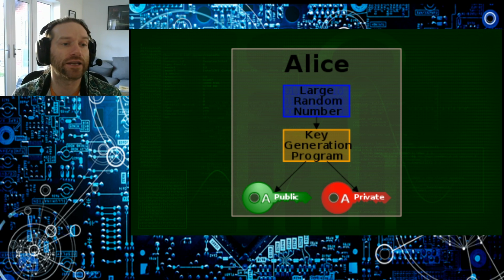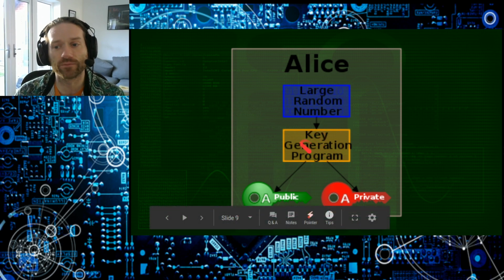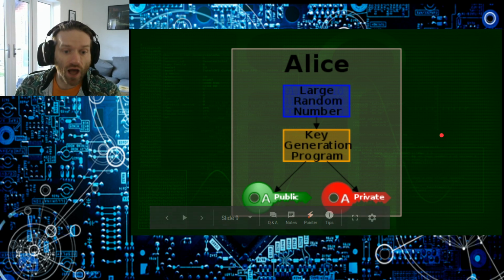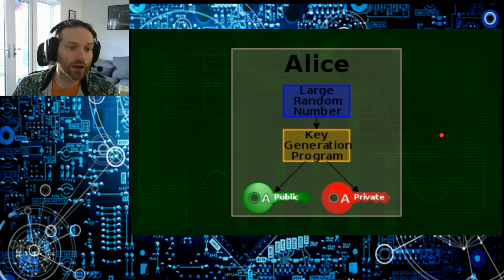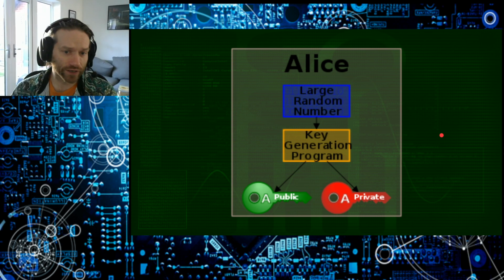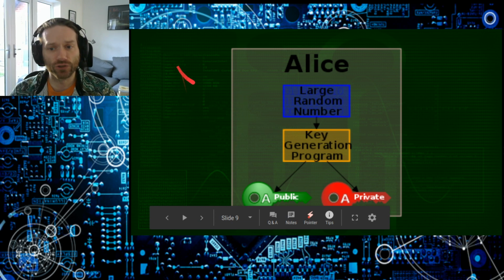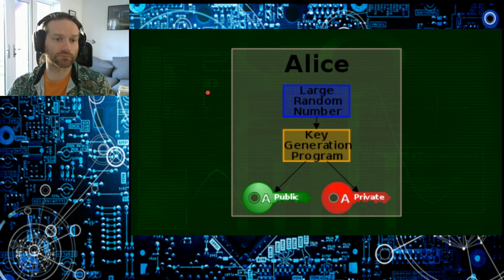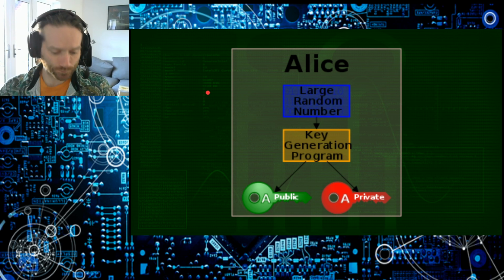Now, I don't know how many of you have set up public key encryption systems before. But when these key generation programs are running, what they'll usually say to you is, we're generating the number, we need entropy in the system, so mash that keyboard and move the mouse around and do stuff. Because what the random generator uses is things that are different on the computer, right?